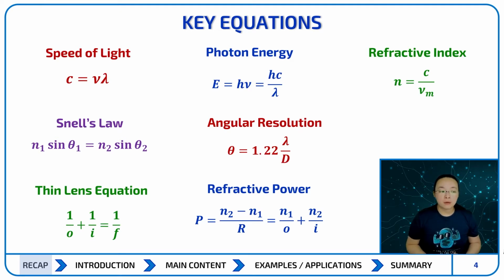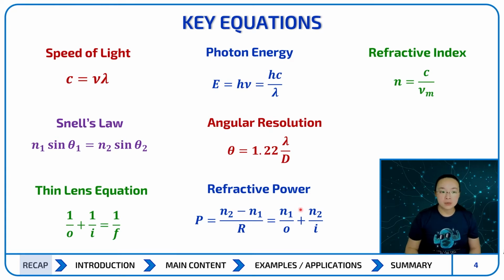The reduced eye model comes from having multiple layers of refraction that take place. That means you have to understand what a refractive index is. You have to understand how much refraction occurs, which comes from Snell's law. And then, of course, if you're trying to focus on a specific object at a certain distance, the thin lens equation helps, and you can also determine the refractive power through this equation.